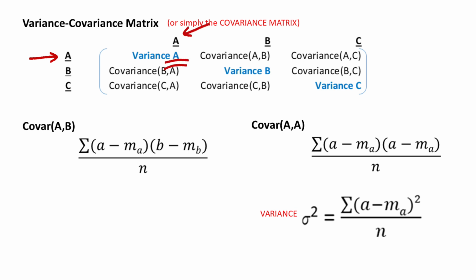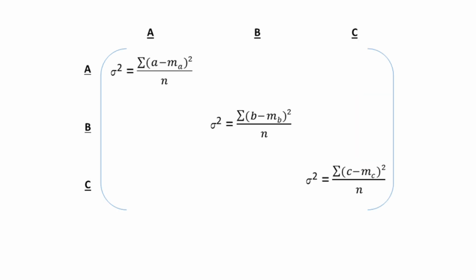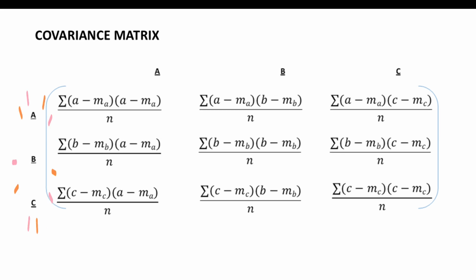So if we start putting this thing together, the variance-covariance matrix will have the variances on the diagonal. And then we will have the labels like so. It's like you're going to try to intersect the labels between the rows and columns like AA, AB, AC, BA, BB, BC, and so on and so forth.